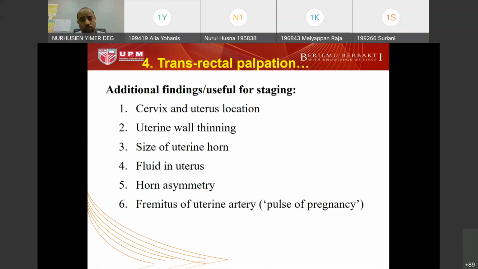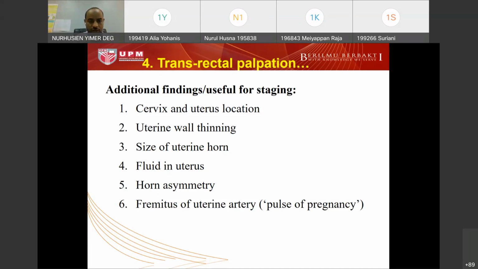The location is very important, but you can tell the location of all of these compartments if you understand the anatomy clearly, the pelvic anatomy that I mentioned to you. If you know the pelvic brim clearly as you palpate through the rectum, then it will be very easy for you to tell where the cervix is located, and where the uterine body and the horn are located. So that will be very easy to tell.